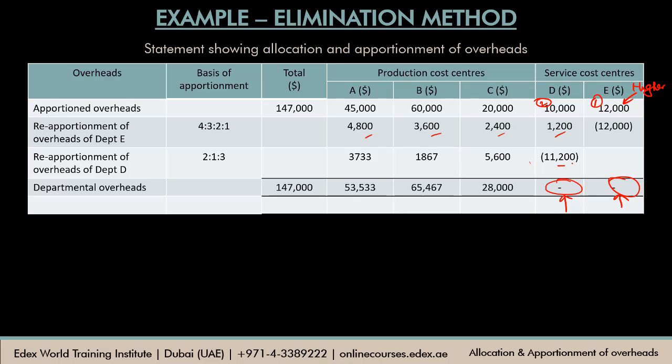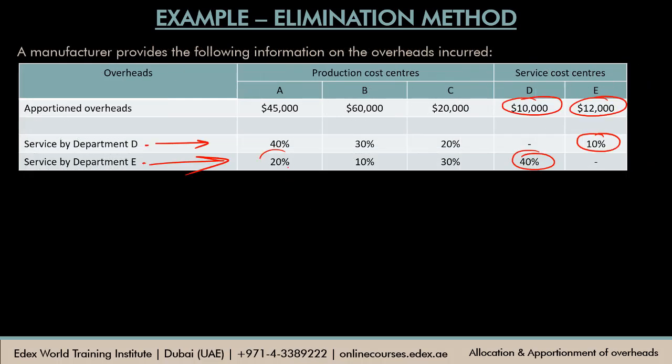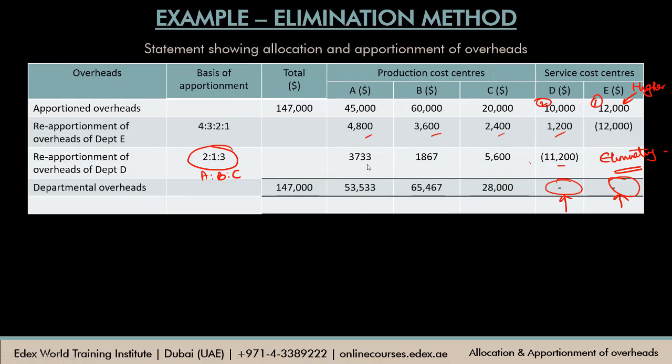So the 11,200, instead of dividing between A, B and E, we are just dividing it between A, B and C. And hence, since we are eliminating the service cost center E here, this is known as the elimination method of reapportionment.